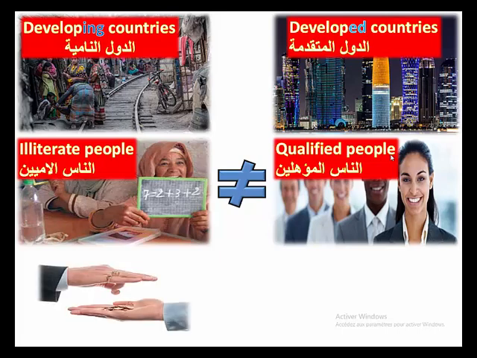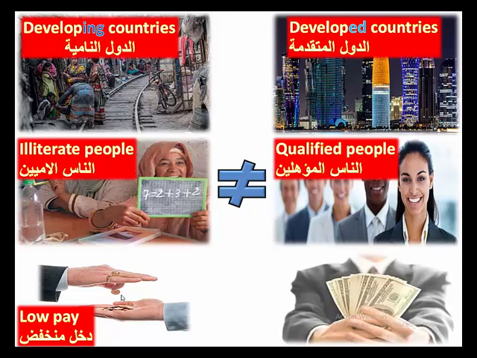The last one, this picture here, we see that there is someone giving money. Is he giving a lot of money or just a little money? Here we're talking about low pay. You work and you get just a little money.